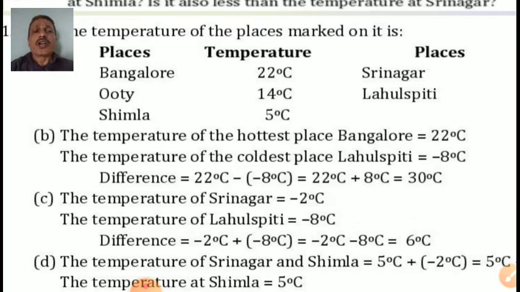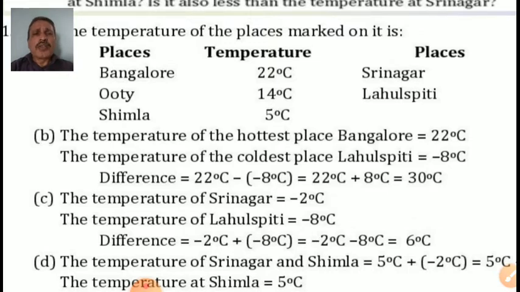Now, what is the difference between Srinagar and Lahul Spiti? What do we have to do? Difference means subtraction. Very good. So we can write minus 2 degrees centigrade minus minus 8 degrees centigrade.